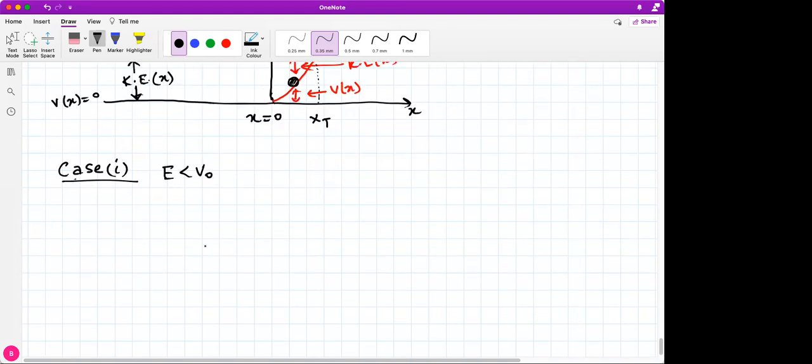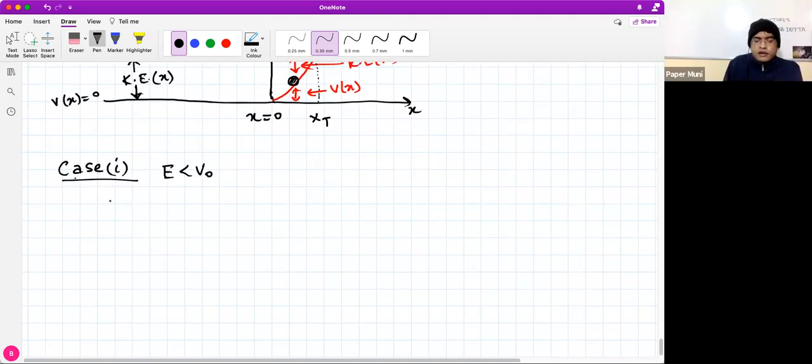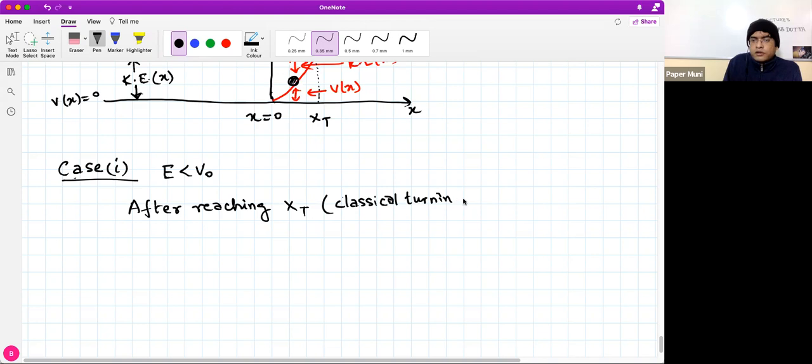All right, so E is less than V naught, and after reaching x_t, from the graph, we have the classical turning point in this case, the classical turning point.